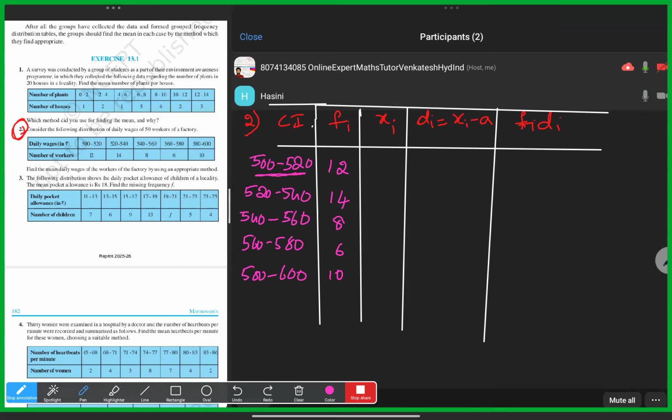But the first xi value, how to find it, Hasni? 500 plus 520 by 2, which is 510. Any doubt, Hasni? No, sir.